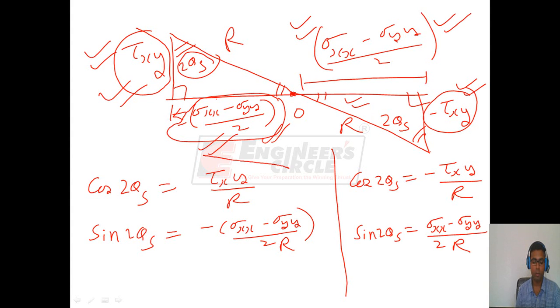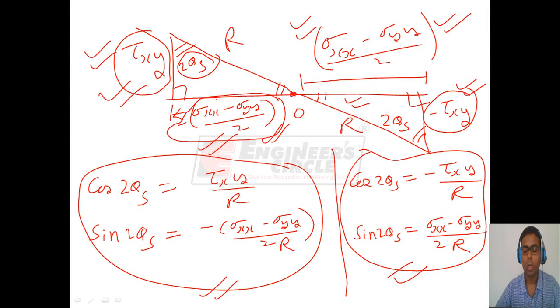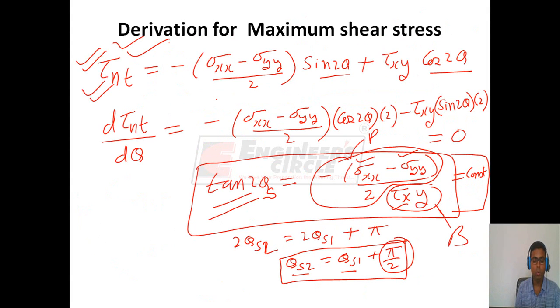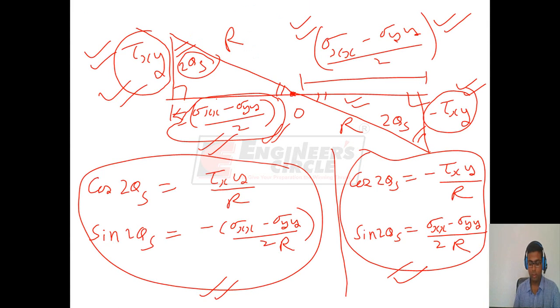Now we have two sets of equations, one for maximum and another for minimum. To find the value of maximum and minimum shear stresses, we put these two sets of equations, first this and second this, in the equation of tau nt. So we will get tau nt equal to minus (sigma xx minus sigma yy) by 2 into sine 2 theta, and sine 2 theta is this.